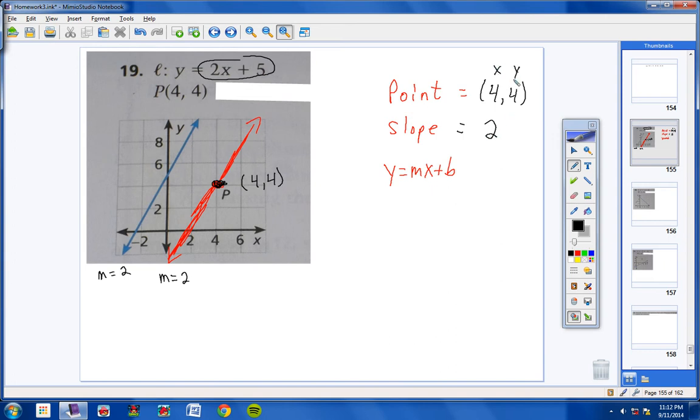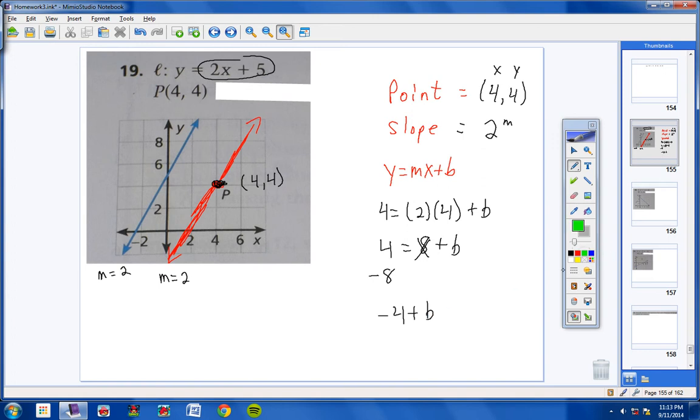Here's your x, here's your y, here's your m. So for the y, I will substitute 4. For the m, I will substitute 2. For the x, I will substitute 4. And plus b. And let's see, 2 times 4 is 8. Bring the 8 over, and when you bring it over, it becomes a negative 8. So you're left with a negative 4 plus b.